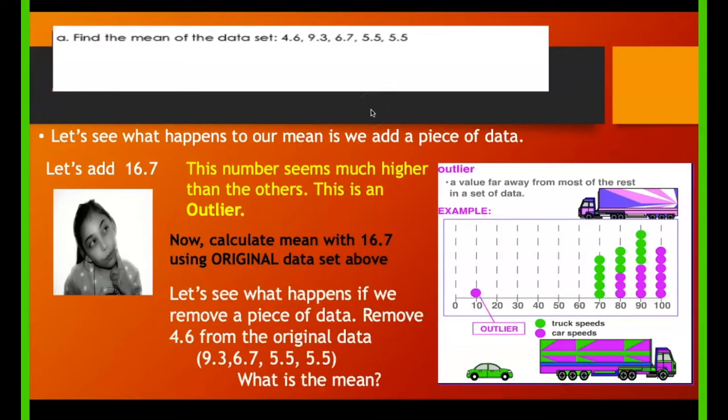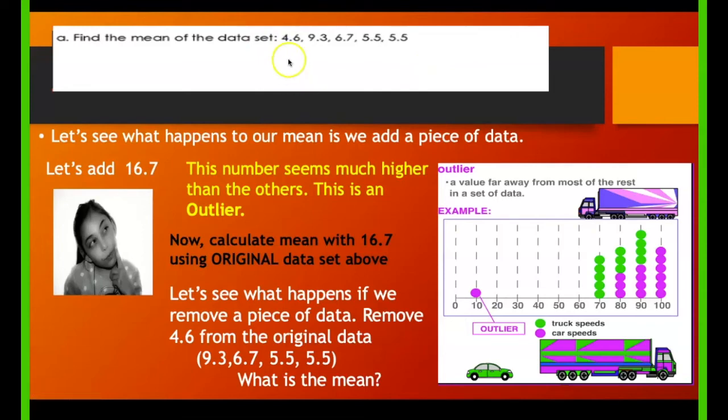All right, now, one more thing. Let's see what happens if we remove a piece of data. So let's remove the 4 6/10 from the original data set. We're going to go back to our original data set up here, and let's remove a piece of data.